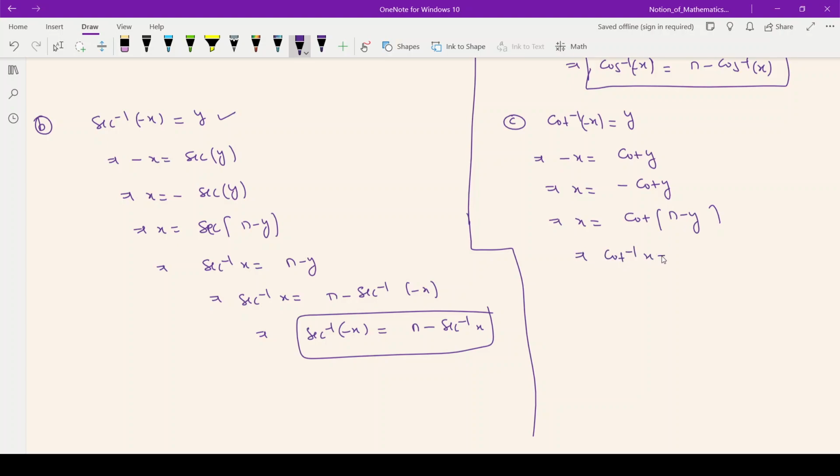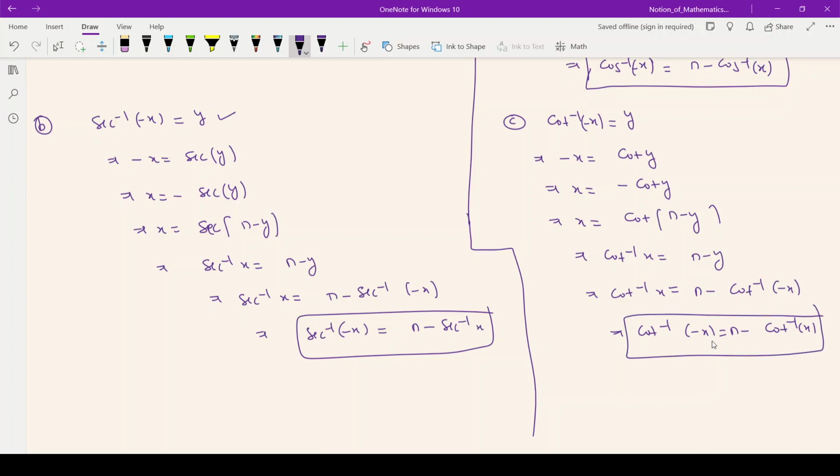Ultimately cot inverse x is pi minus y, or cot inverse x is pi minus cot inverse of minus x, or cot inverse of minus x is pi minus cot inverse of x. So in this way all three properties are proved.